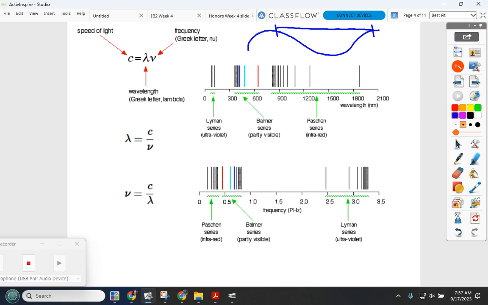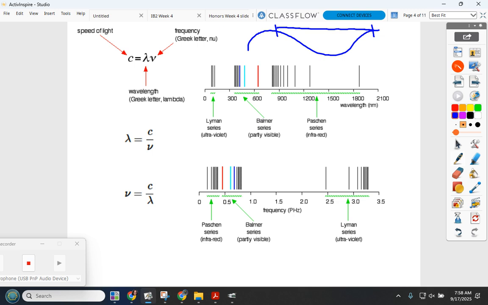Frequency is inversely related to wavelength. The longer the wavelength, the fewer waves we have in any given space. So we can show this same kind of diagram in terms of frequency, because we'll actually be using frequency to do some calculations with this.